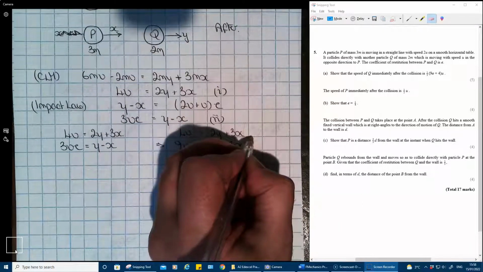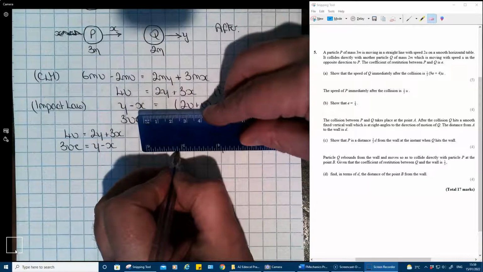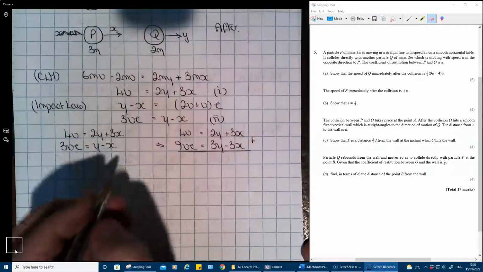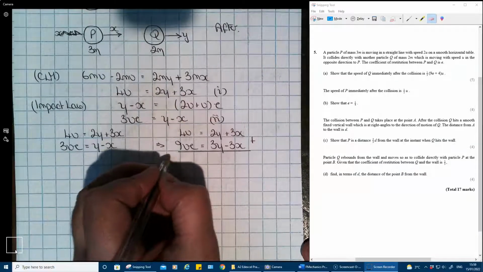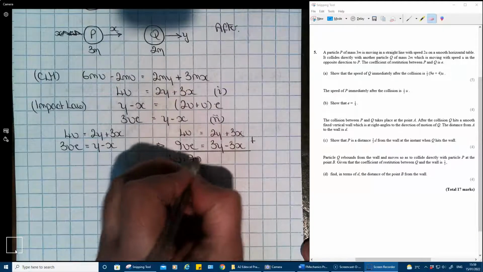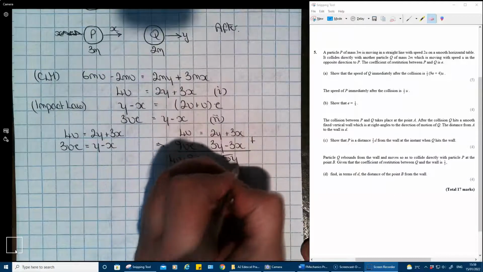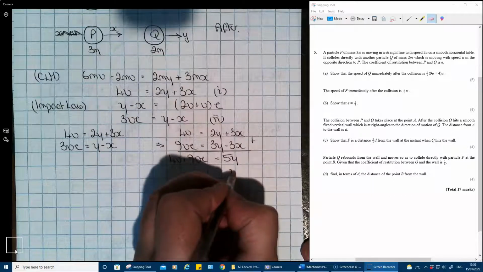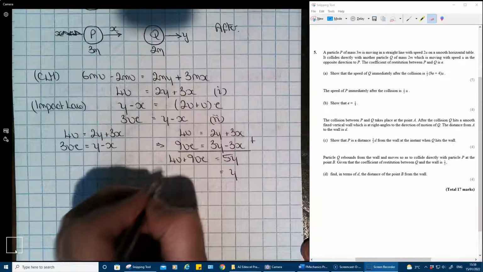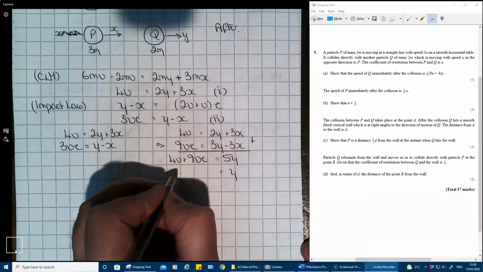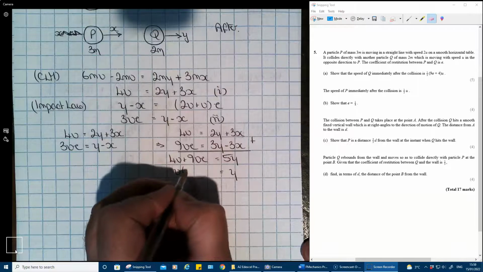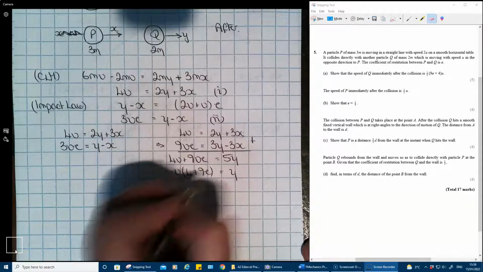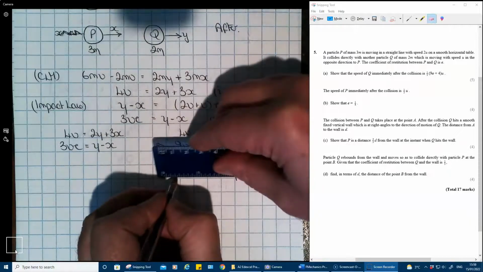I'm going to add them together, and I get 4u plus 9ue equals 5y, and I get y equals, take a factor of u out, u times 4 plus 9e over 5.